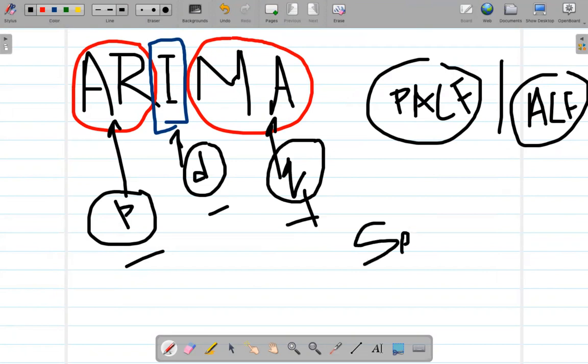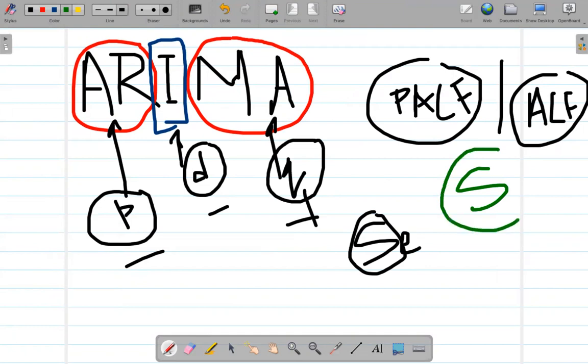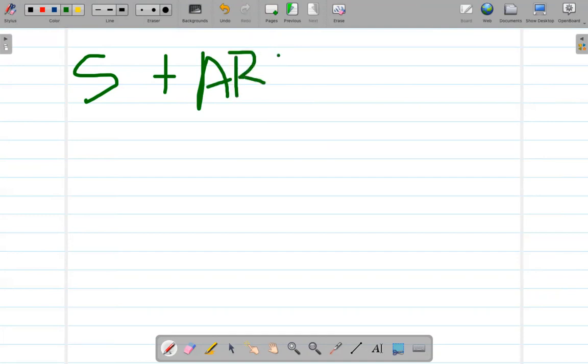But in the SARIMA model, we can include this S parameter, the seasonal parameter, in the model. Once we add this seasonal parameter to the ARIMA model, it becomes the SARIMA model.